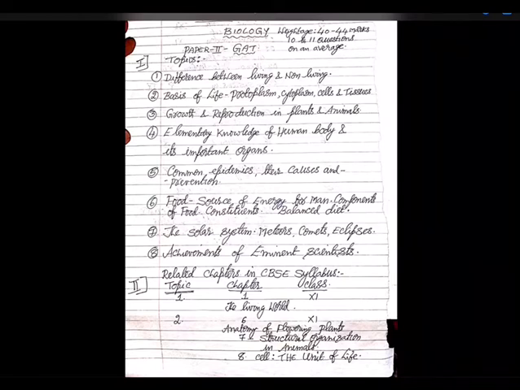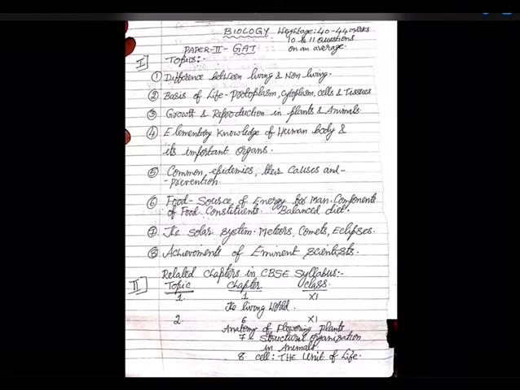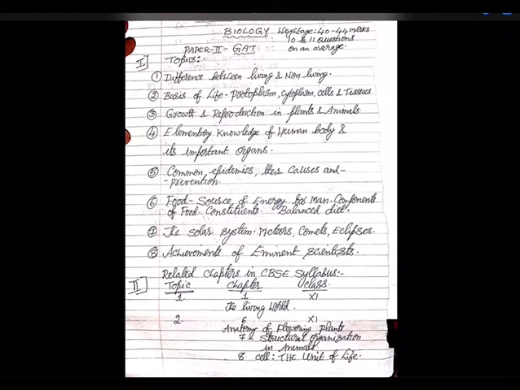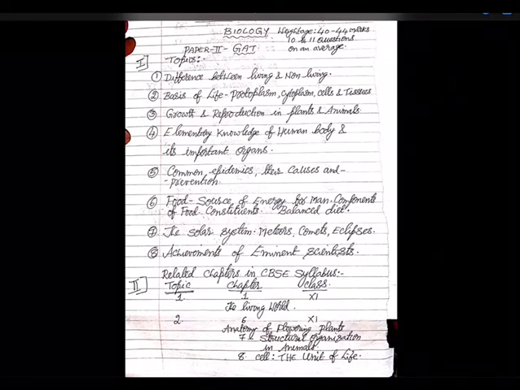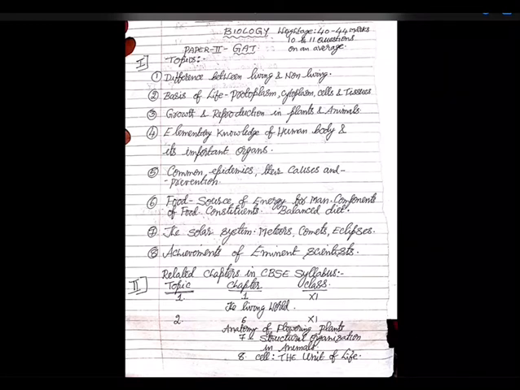Along with that, we need to know that there are certain organisms which will act as vectors or carriers. Like in malaria, the female Anopheles mosquito acts as a carrier or vector so that it spreads from person to person. That's more dangerous. So the role of vectors or carriers will also be discussed.